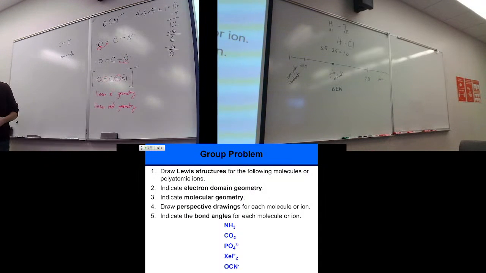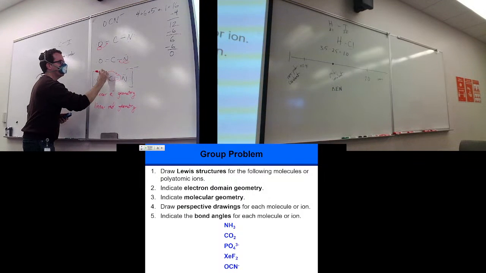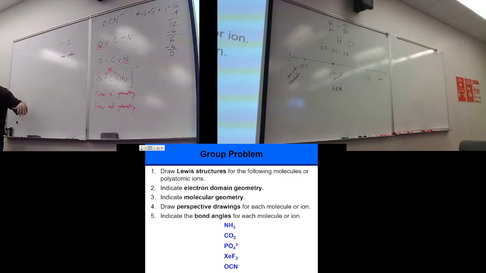There you go. What are the bond angles? There's no perspective drawing, it's just linear. So what are the bond angles? Well, it's linear, so it's 180 degrees for the bond angle, half of the circle. So that's what you should be able to do at this point, or at least close to this.